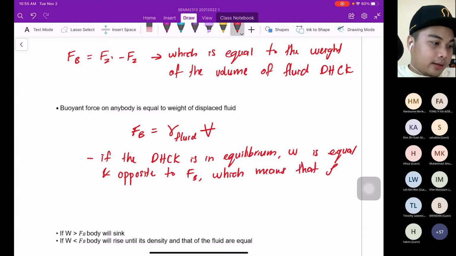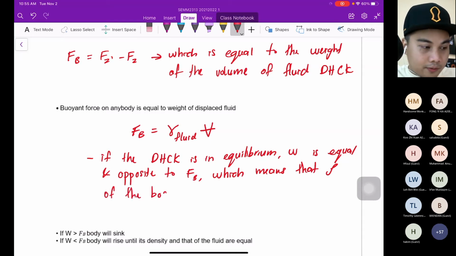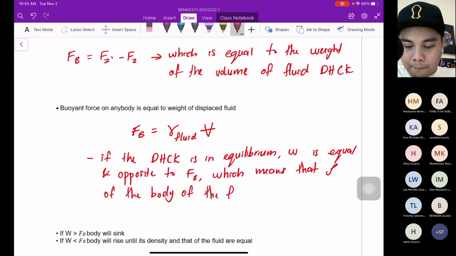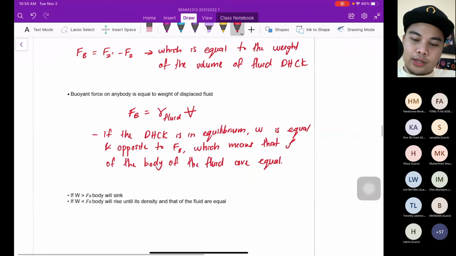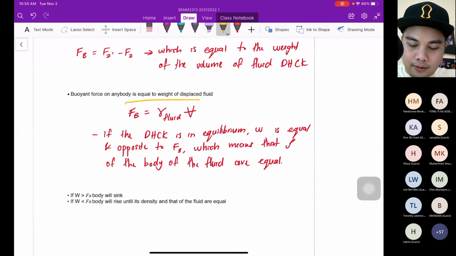Which means that the density of the body and of the fluid are equal. This is basically the long one, you need to know this part.